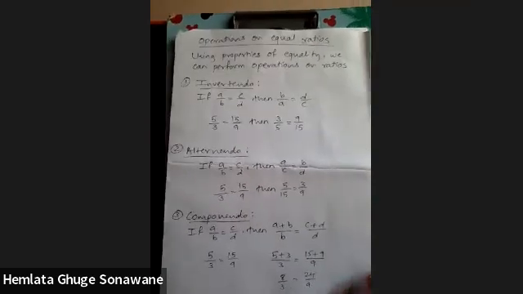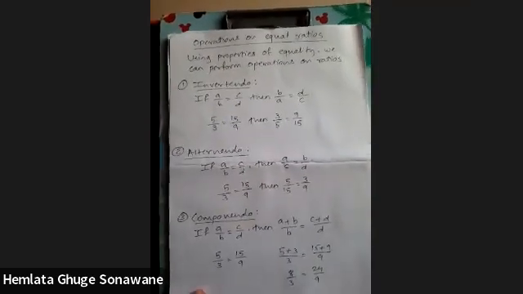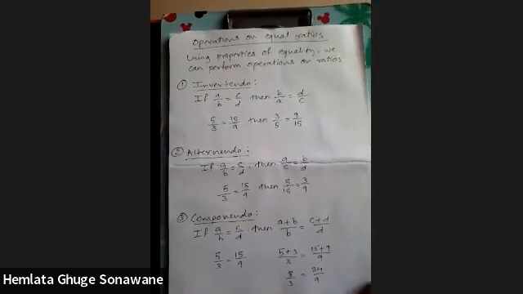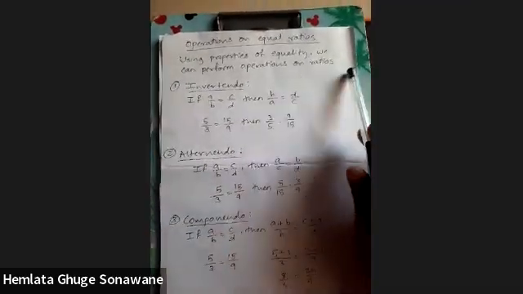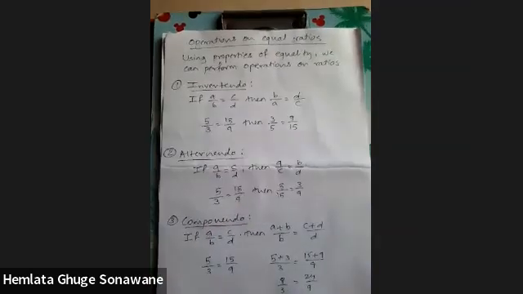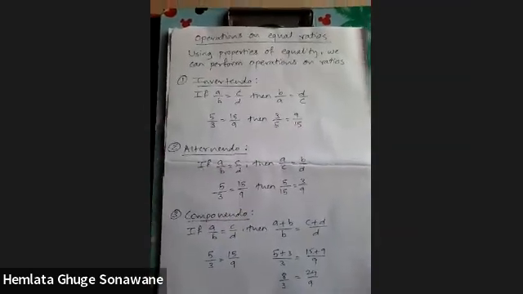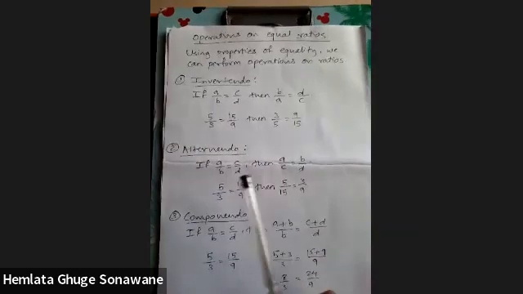Next, operations on equal ratios. Using properties of equality, we can perform operations on ratio. The first operation is invertendo.